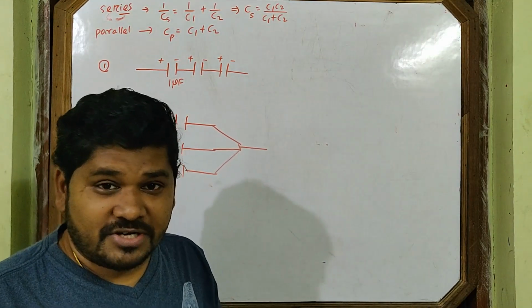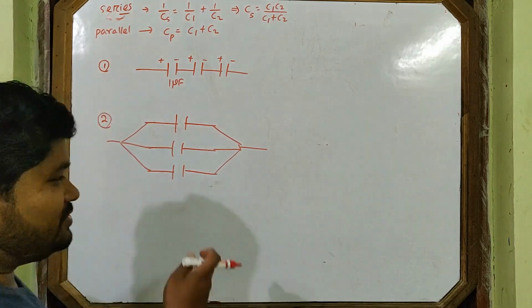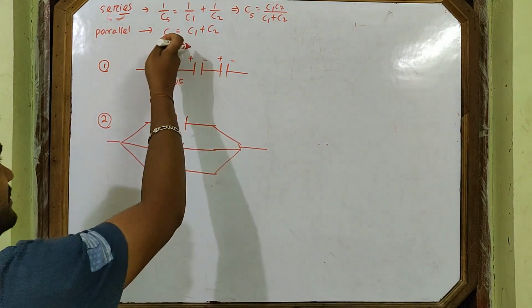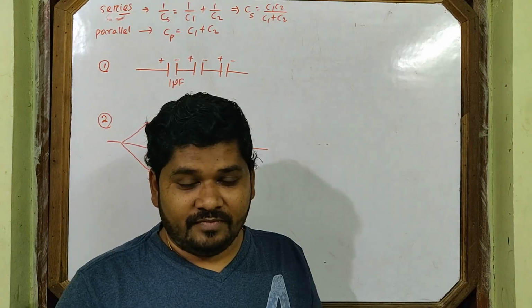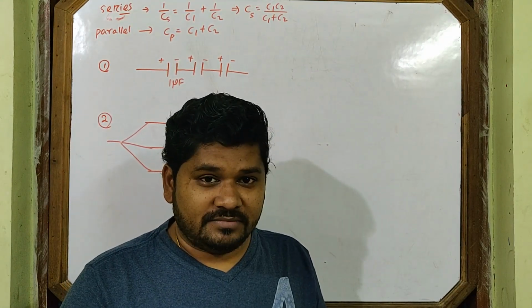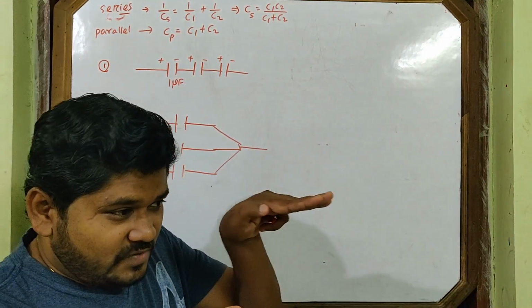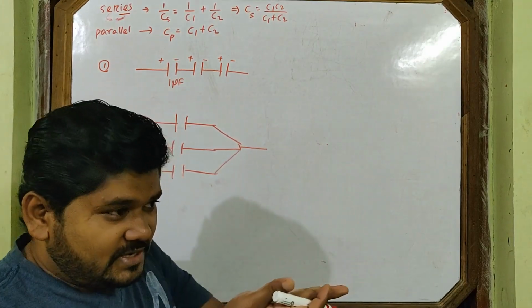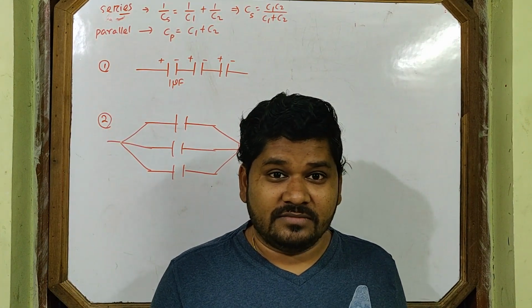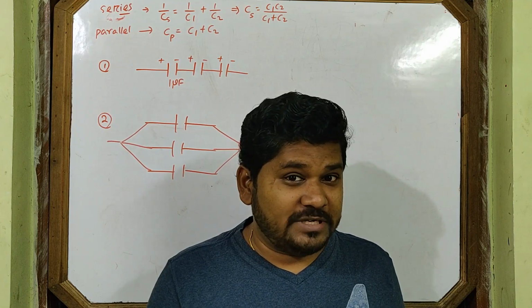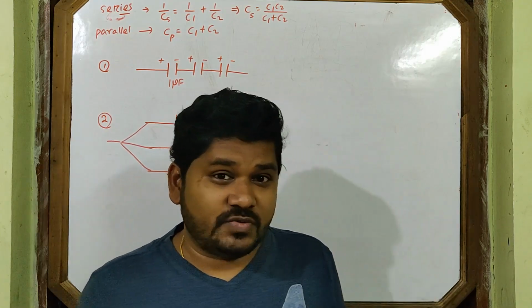This is a parallel connection. So for parallel connection, you can use this formula: C is equal to C1 plus C2. But remember, if they are in a line, one, then another, then another, that is not the only thing called parallel connection. Then you may make a mistake if you understand it in this way.